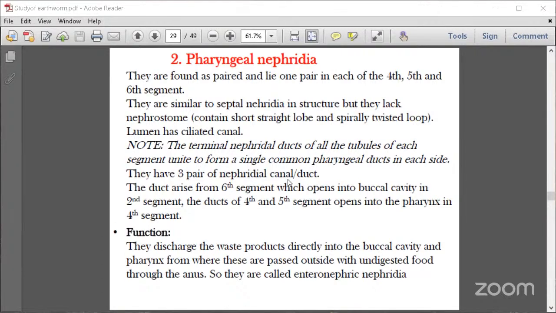When coming to the function, they discharge the waste products directly into the buccal cavity and pharynx, from where these are passed outside with undigested food through the anus. So they are called enteronephric nephridia.